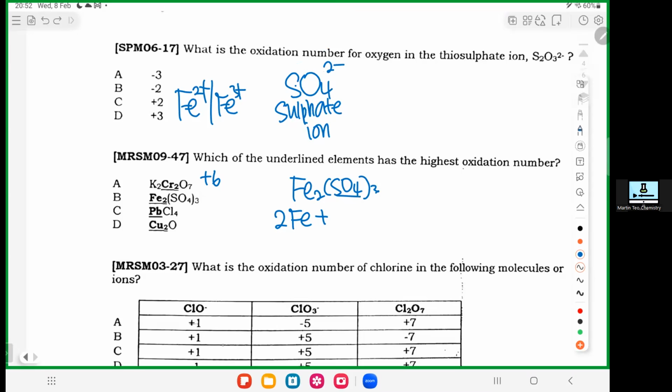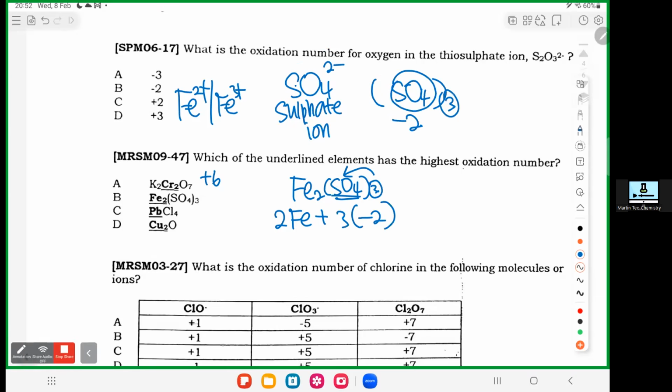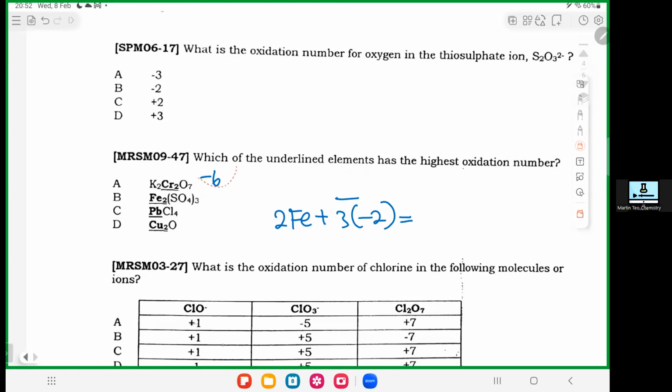So SO4, the whole thing, is -2, and you have 3 of it, times 3. You add all the oxidation numbers together equal to the total charge. Top right corner here, you don't see anything, so 0. Do your mathematics, the iron here is +3.